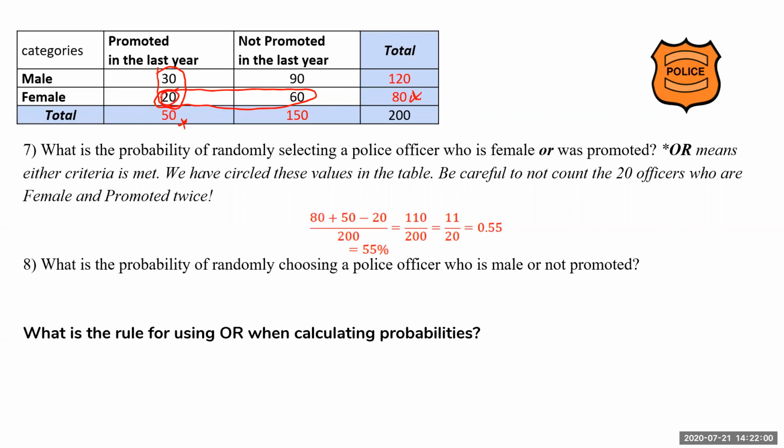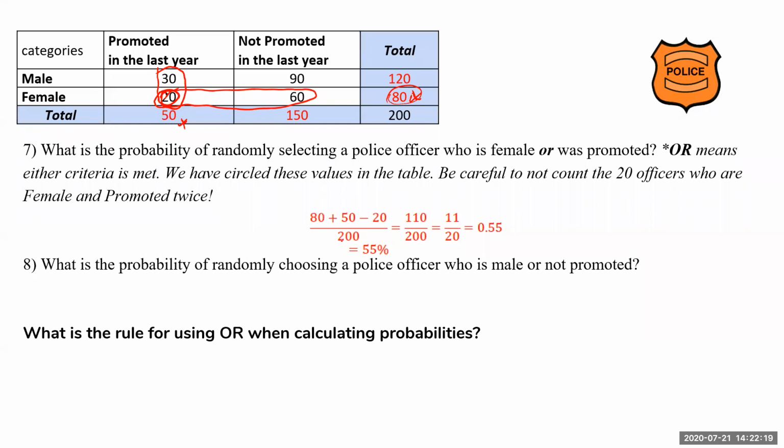The idea is not to count 20 officers who are female and promoted twice, because don't forget that this 20 fits into this total. So we have to take that out and then we divide by the total. Is that okay? So that is how you find that.